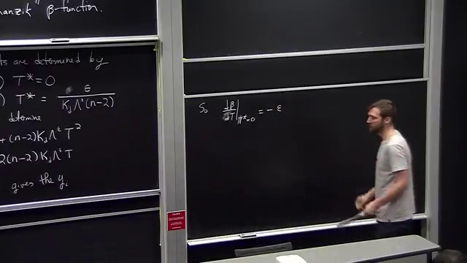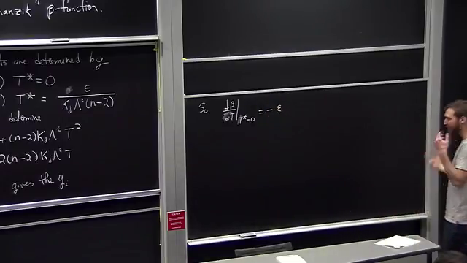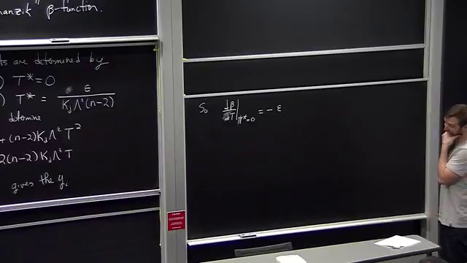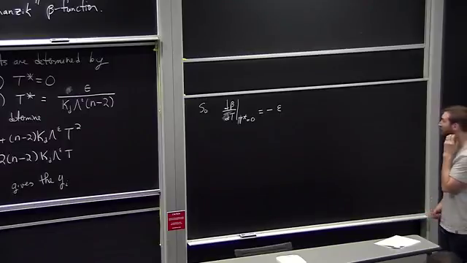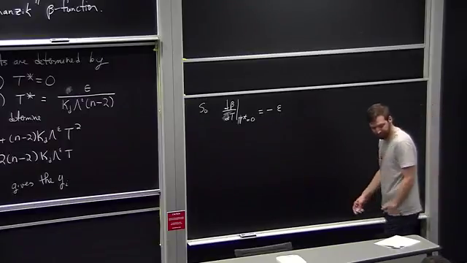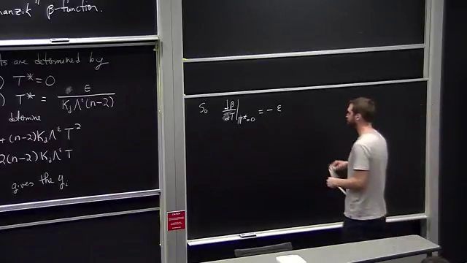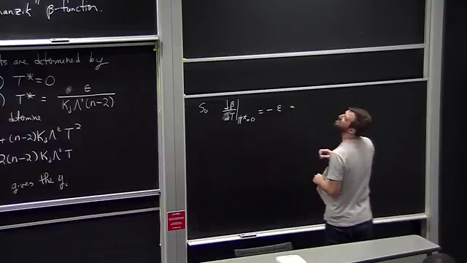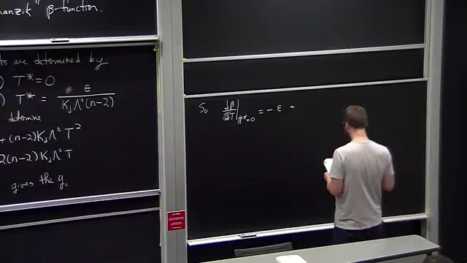That's your y_t, I guess, at the trivial fixed point number 1. It's minus epsilon. It's 2 minus d.